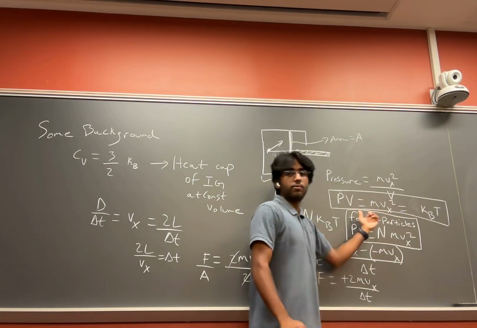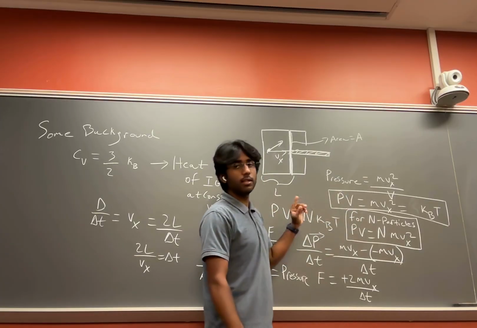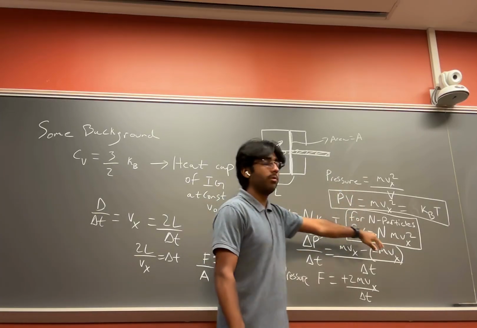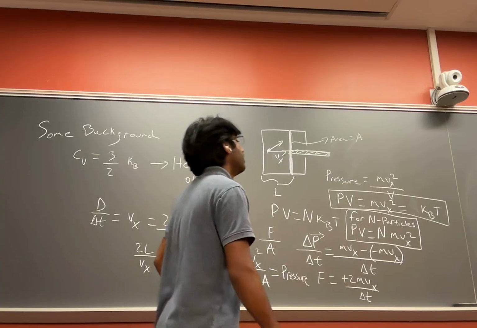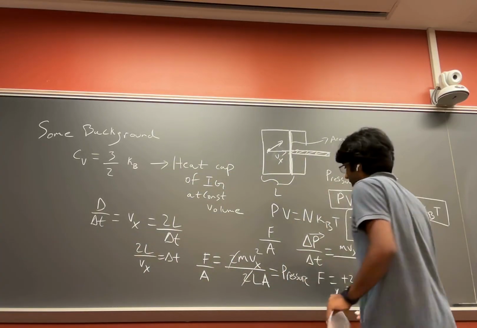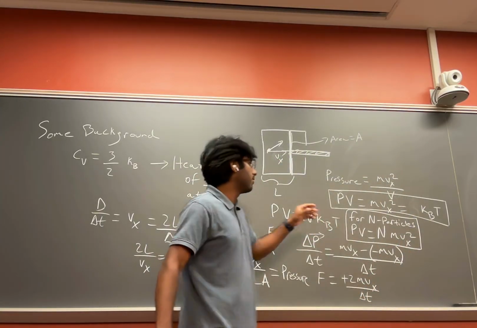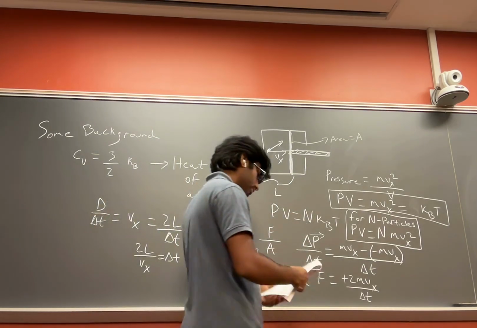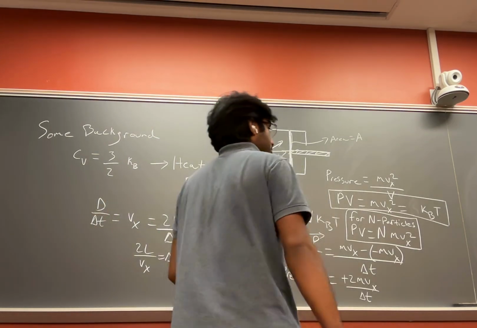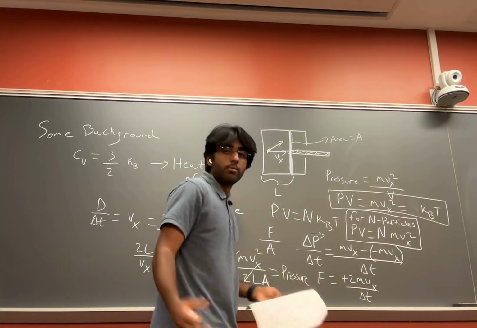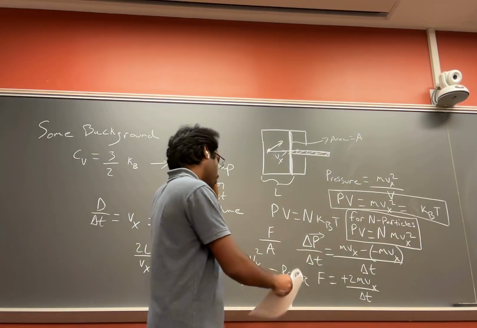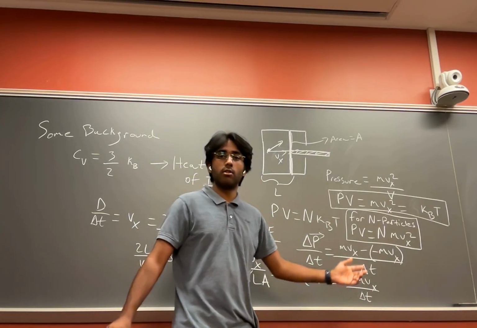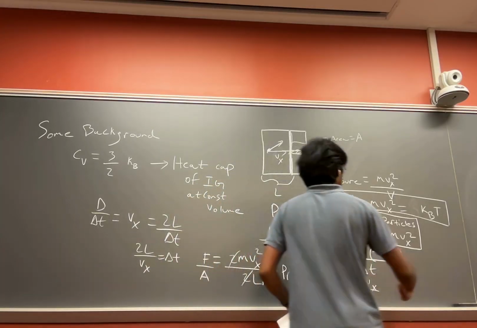The x velocity is being squared times the mass, so half of that would be the kinetic energy, and that's just for the x direction. So per degree of freedom, we have 1/2 kBT of energy. And this is something specific for a more generalized scenario, the equipartition theorem, as they call it.